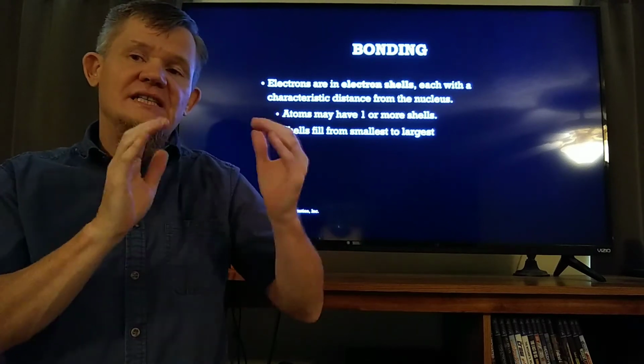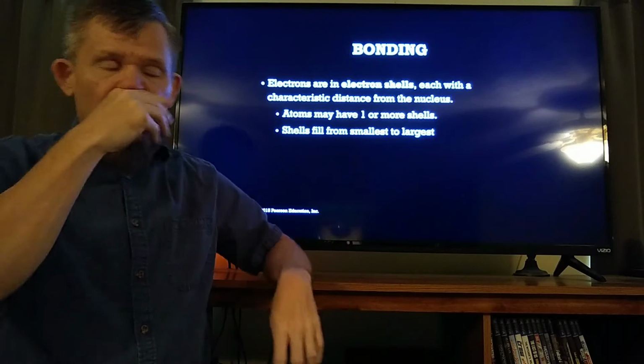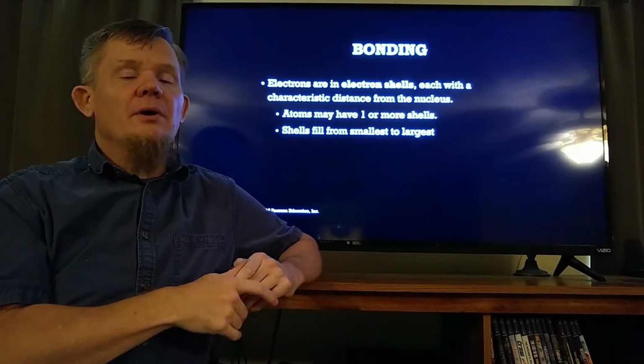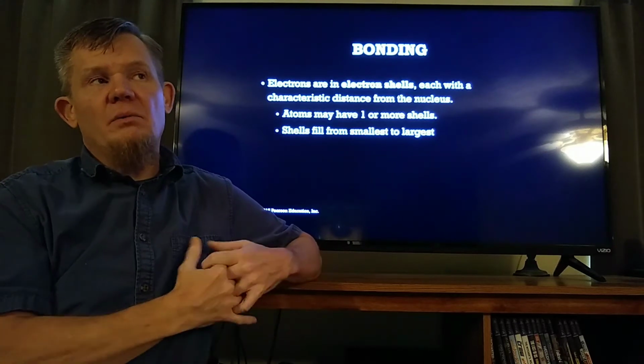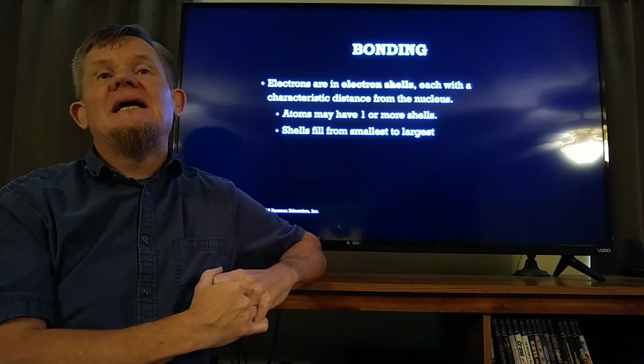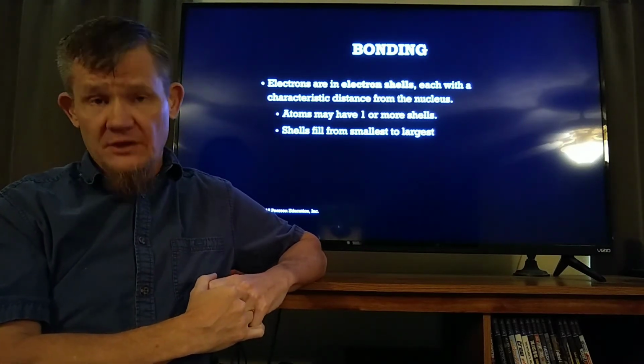They orbit at certain distances away from the nucleus. That's not terribly important. The most important part about this is remembering that orbitals are grouped into shells and that an atom wants to have its outer shell filled.